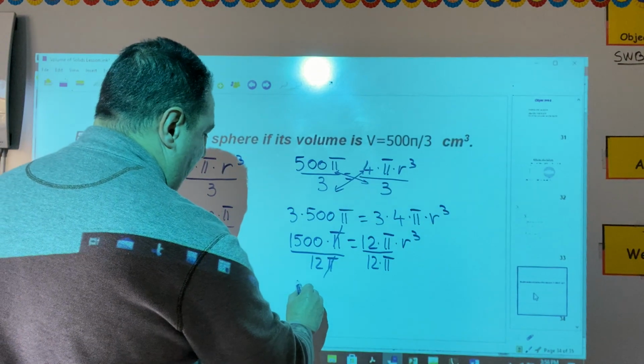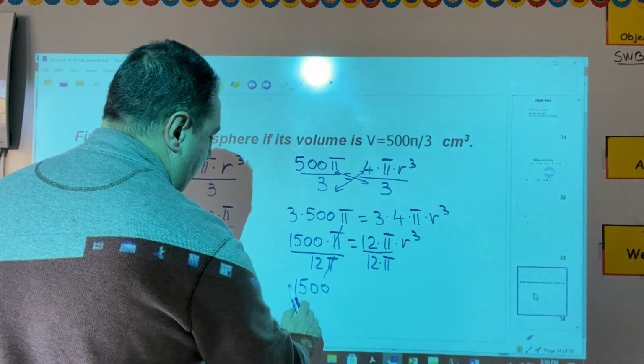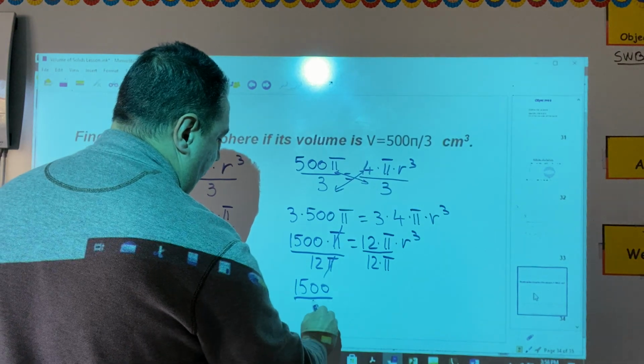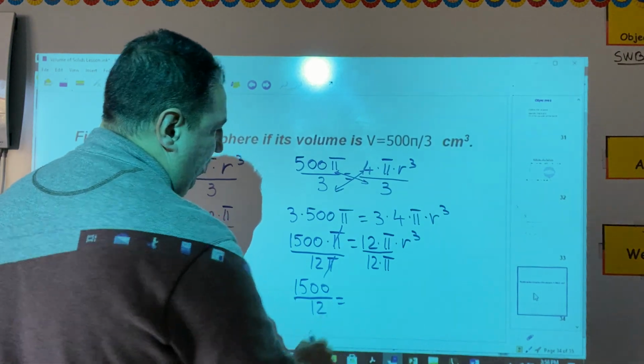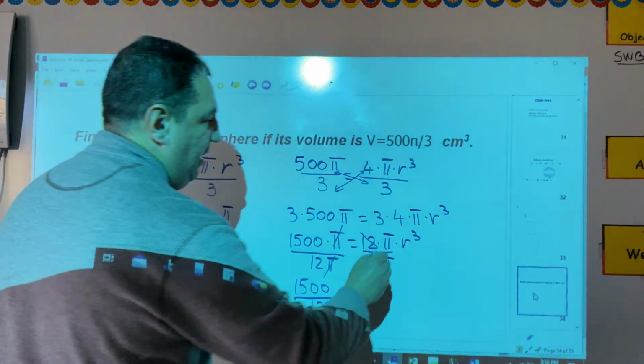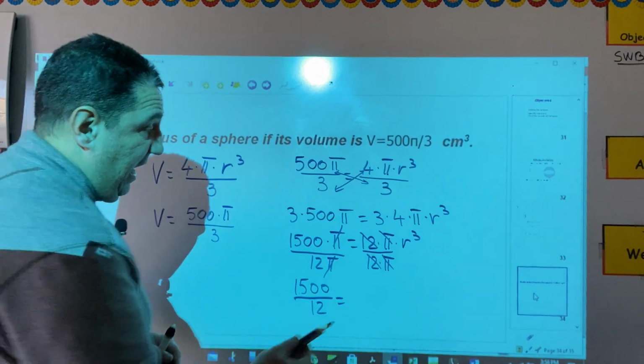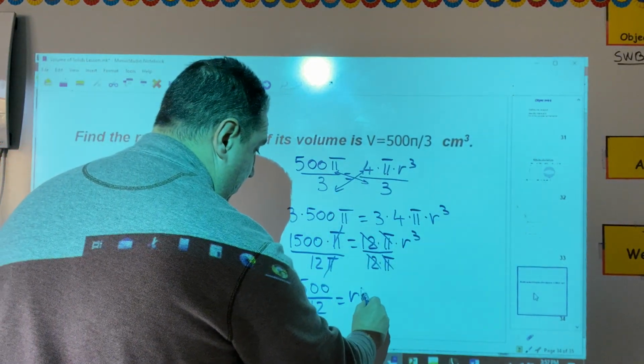And what's left? 1500 over 12 equals, again, 12 and 12 cancel. Pi and pi say goodbye. And what's left? r cubed.